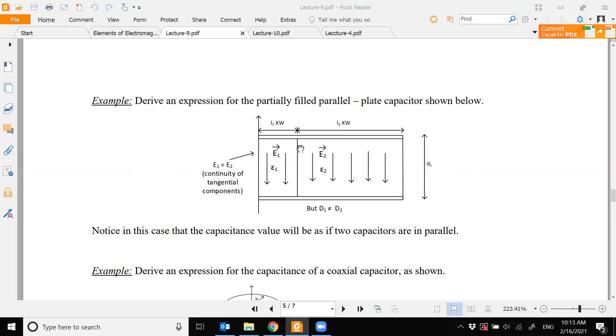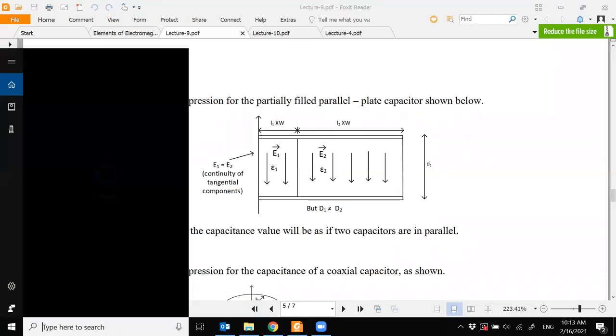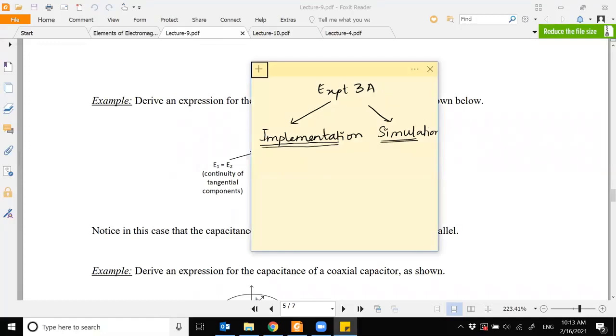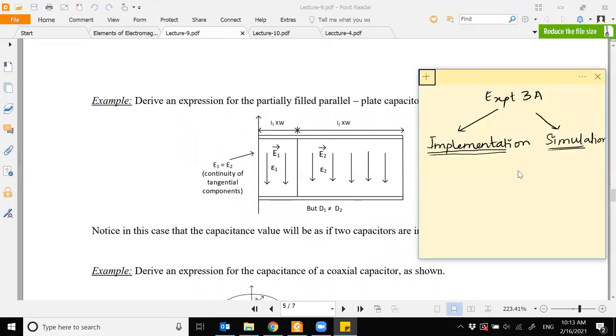So in this particular case, because this is the boundary, my electric field EX is becoming tangential. Keeping that in mind, you can solve this assignment question. So I'm leaving it to you.